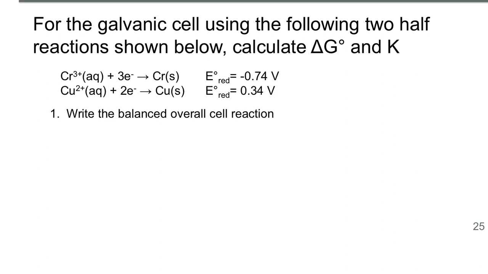The reduction potentials are given. That would have come from the table. Let's calculate the Gibbs free energy and the equilibrium constant. But the first thing we need to do before we do any of that is to write the overall cell reaction. I'll let you guys work on that for a couple minutes.